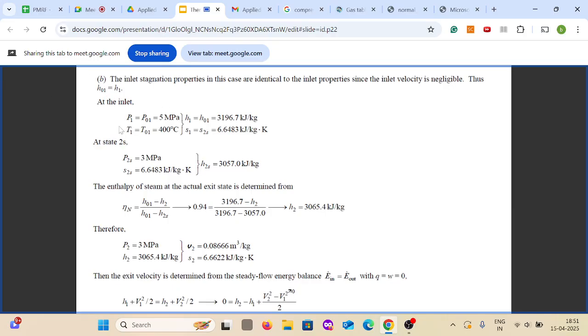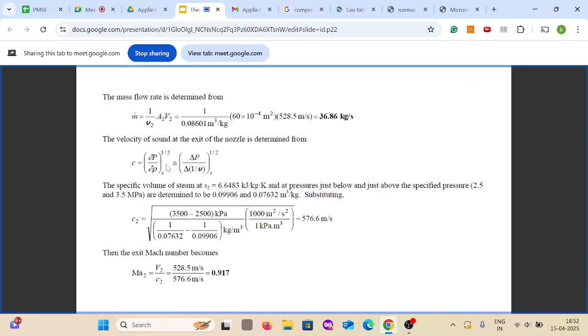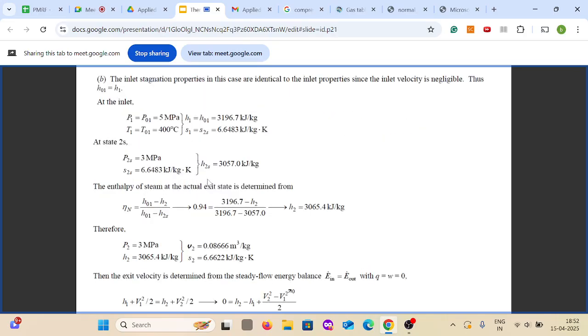So H0 is H1, so P1 and T1 are the same, so we will get the same enthalpy and entropy values at state 2 as in the isentropic case. But this is not the exit value; it assumes an isentropic process, 100% efficient. Now the nozzle efficiency is defined as H01 minus H2 by H01 minus H2S, where H2S is the isentropic value. So the nozzle efficiency is 0.94.